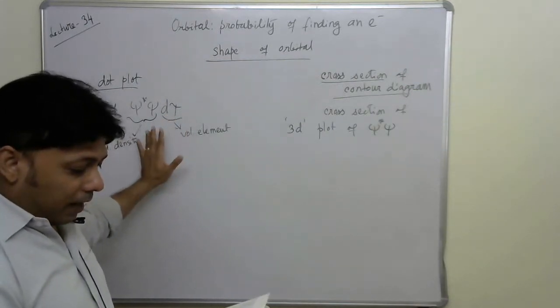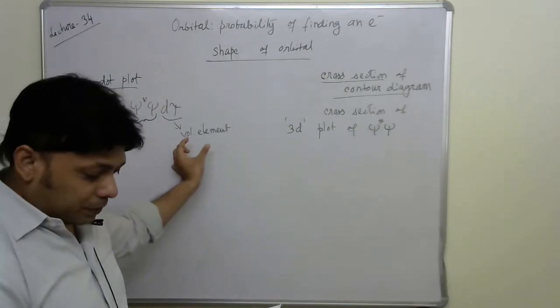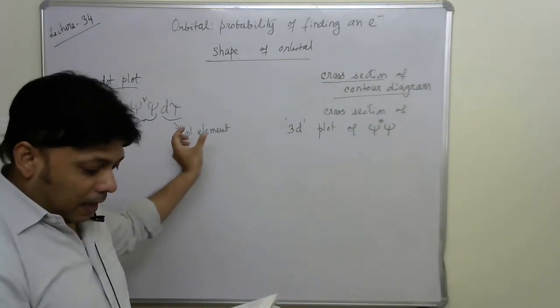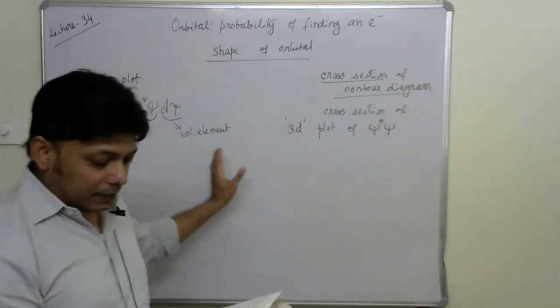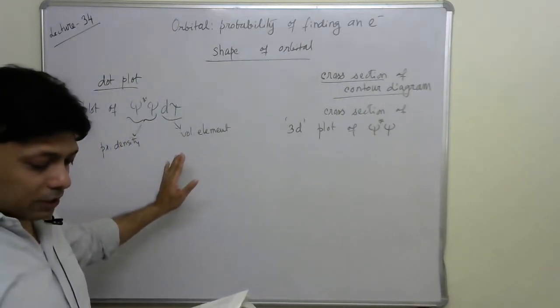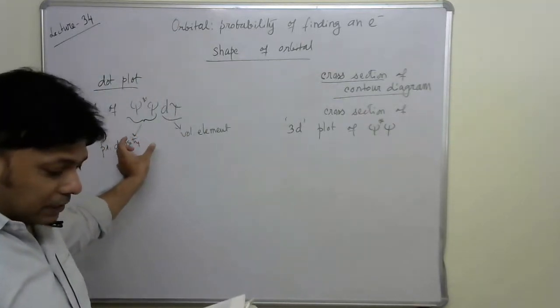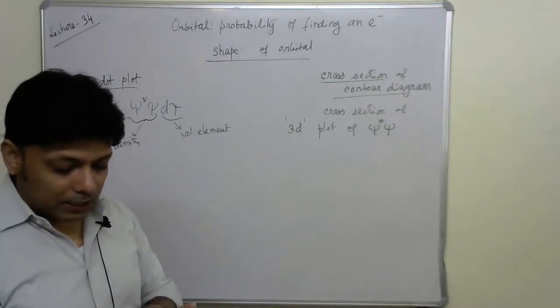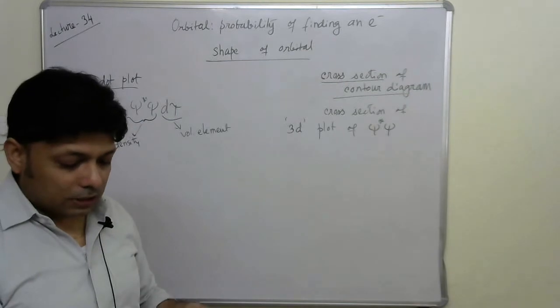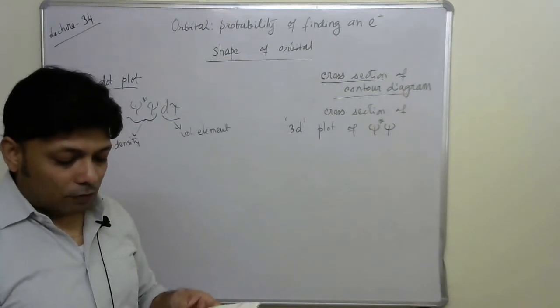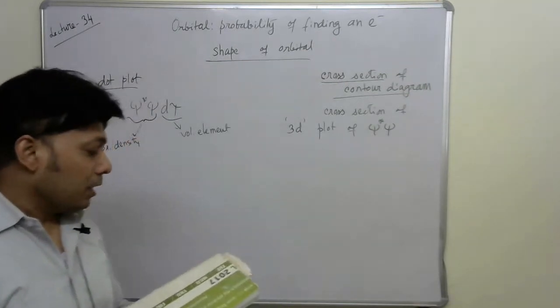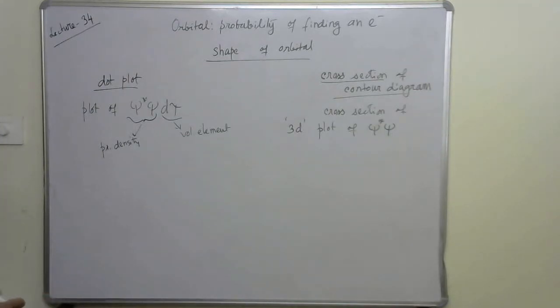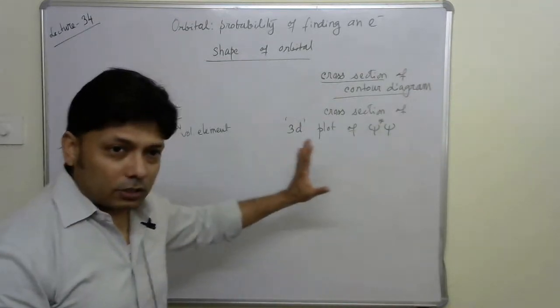Thus, one can divide space into little volume elements and compute the average or some representative value of chi star chi within each volume element, and then represent the value of chi star chi by the density of dots in a picture. These are the textbook languages to define the dot plot.